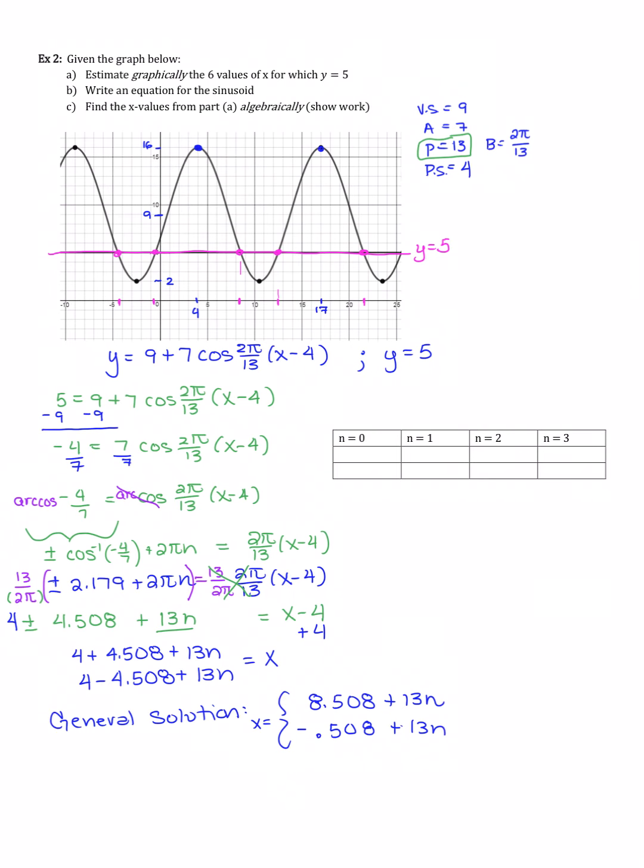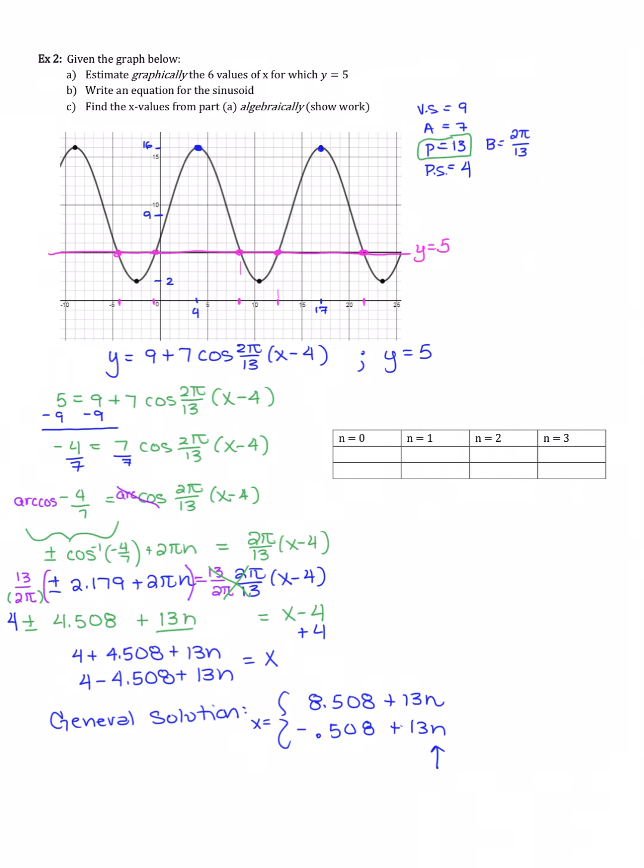All right, so what did we want? We wanted the first 6 positive values, I guess, is what we were after. Okay, so when n is 0, that's the n we're talking about. We're going to fill in. I like to do it as a table. You don't have to. The book doesn't do it that way, but that's just me.